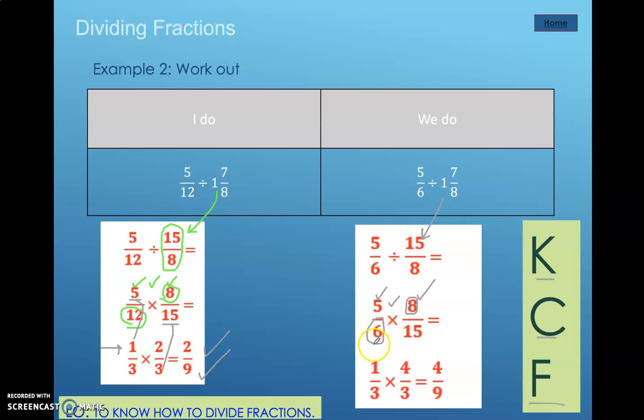They're both divisible by 2, so that becomes 3, and that becomes 4. And then these two again can be simplified by 5. They're divisible by 5. So now we times the top by the top, 4 times 1, and we times the bottom by the bottom, which gives us 9. So make sure you've copied that down.